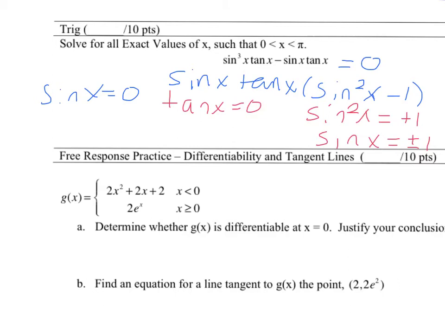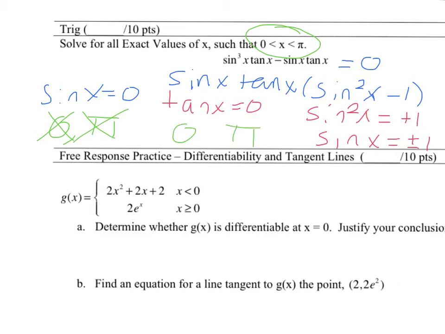Something I need to be extra careful about in this problem that I really haven't focused on before is I'm only looking for the answers that are between 0 and pi, so not including 0 or pi. Sine is 0 at 0 and pi. Since neither of those values are included, I don't include those in my answer. Tangent is 0 at 0 and pi.